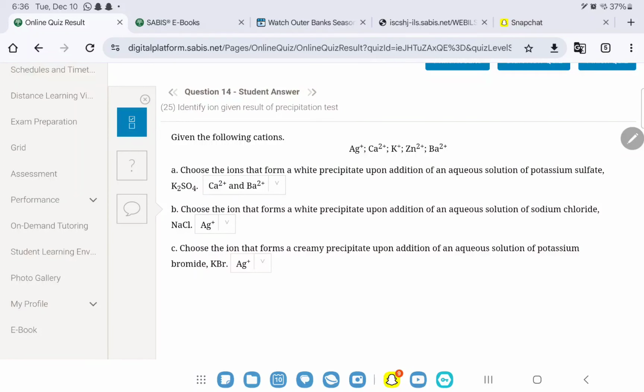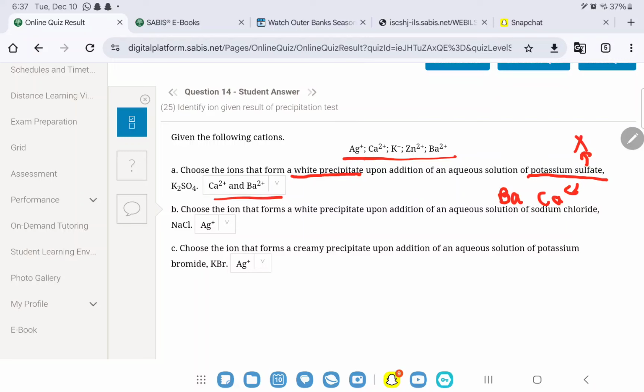Okay, here we're back to using the solubility rules. To form a white precipitate when you add potassium sulfate means that it does not dissolve in sulfate, so it makes a precipitate with sulfate. In the ones they gave us here, only 2 of them, barium and calcium, form a white precipitate, or do not dissolve with sulfate.